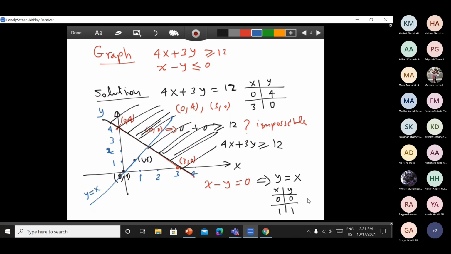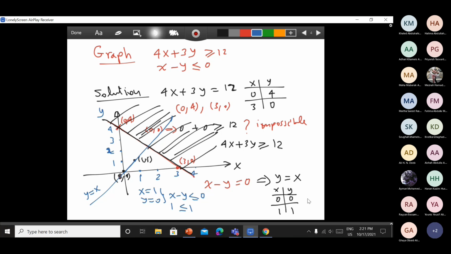Now I'll take the area below this blue line, y equal to x. I can take any point. I'll take this point, right? This point is x equal to 1 and y equal to 0. If I put x equal to 1 and y equal to 0 in x minus y less than or equal to 0, x is 1 minus 0 is 1. Do you think 1 is less than 0?